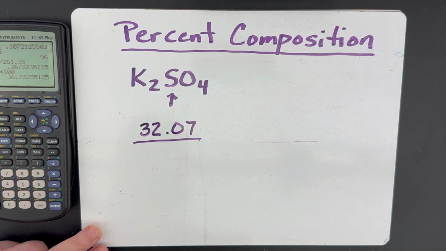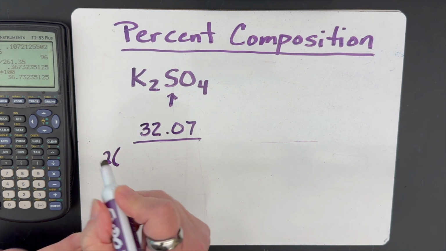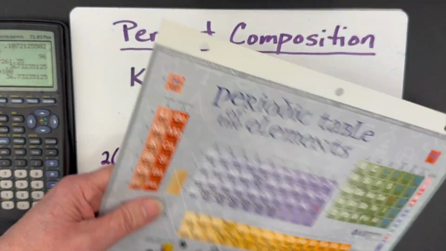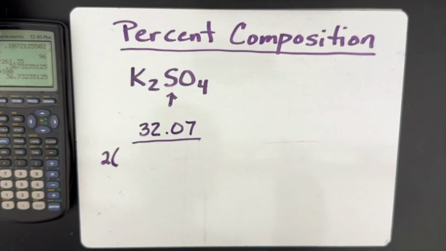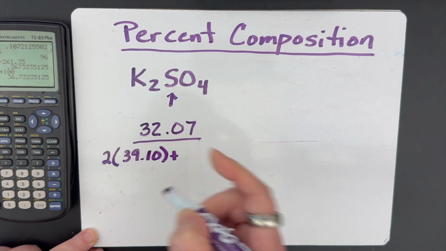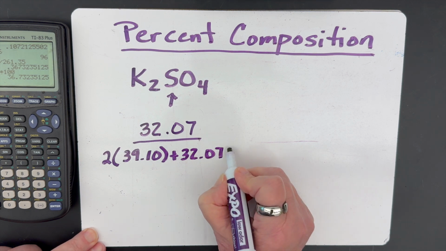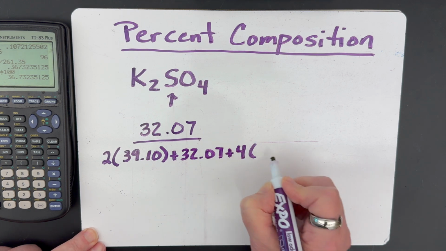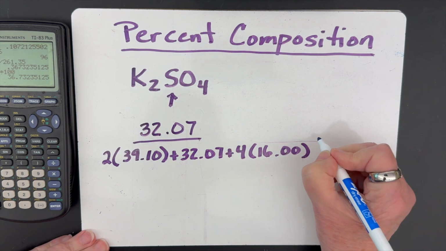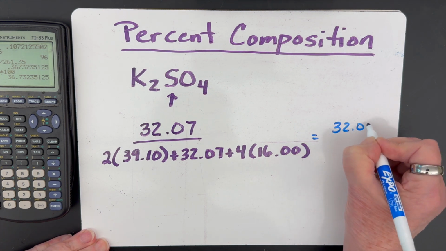On the bottom, we have to have our total mass, so we need 2 Ks, and potassium, which is K, is 39.10, plus 1 sulfur, which is 32.07, plus 4 oxygens, which are 16. So on top, we still have 32.07.